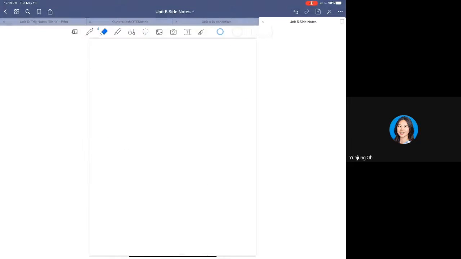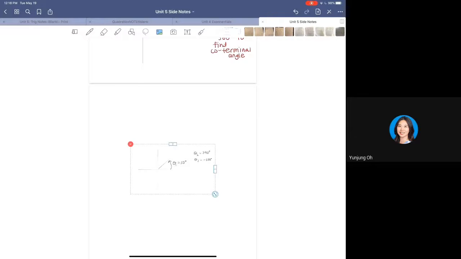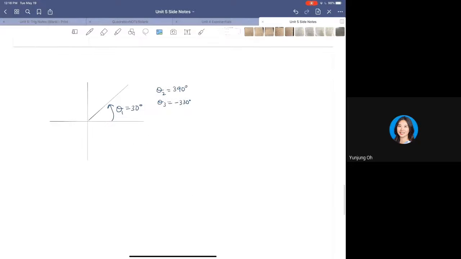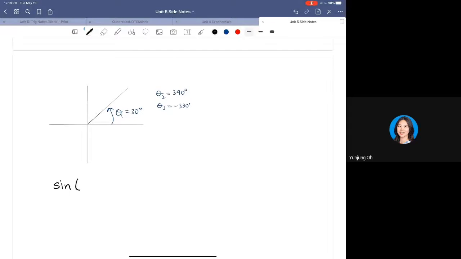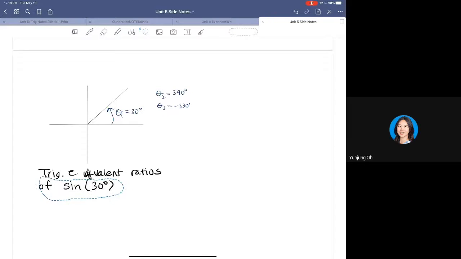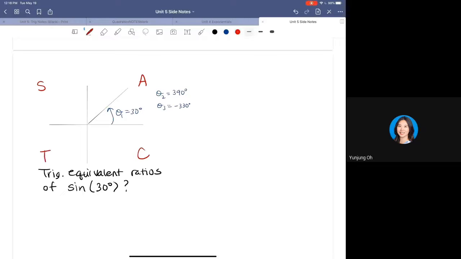If this was the principal angle and you have sine of 30 degrees, and they asked you the trig equivalent ratios of sine 30 degrees, I'm going to write CAST, because I write that every single time.